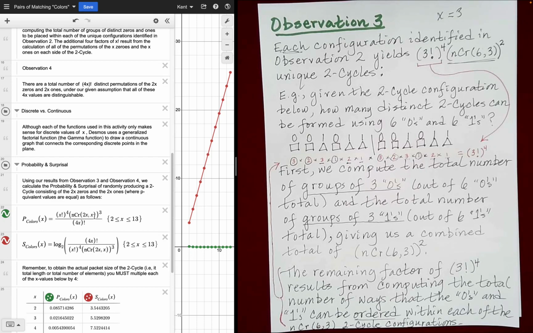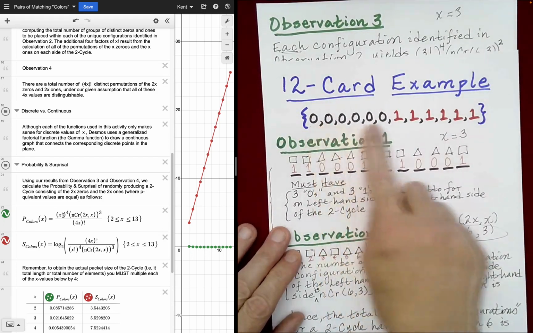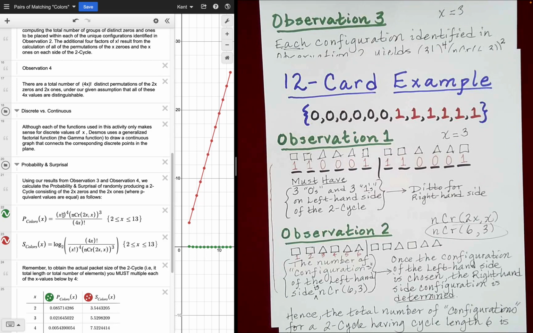top is the total number of 2 cycles using the zeros and ones as specified above. Then we have to divide it by the total number of orderings of all of those 12 objects or 12 elements. So how many ways, if these are being viewed as distinguishable, so there's 12 distinct objects.